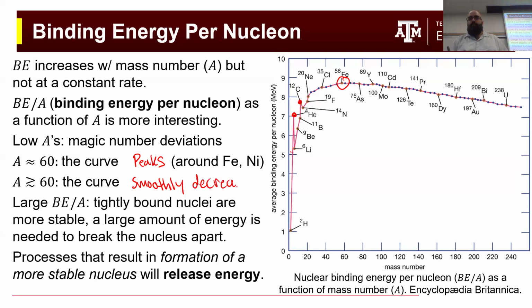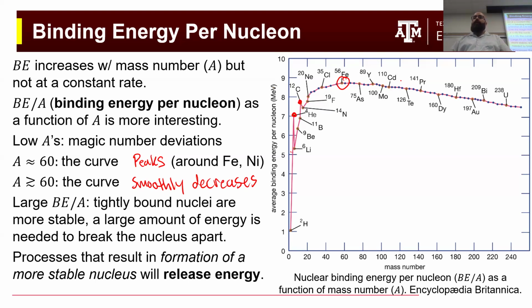What the binding energy per nucleon tells you is effectively how tightly bound those nucleons are to the nucleus and to the nuclear structure. And it means that it requires more energy to separate them if you want to.